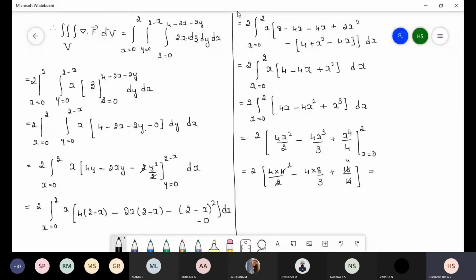So here we get 12 threes are 36. 36 minus 32 is 4. So 2 into 4 by 3. That means we get the value 8 by 3. This is the answer.